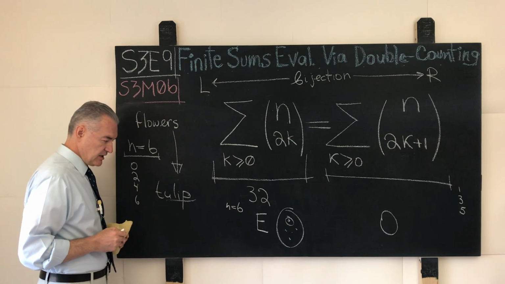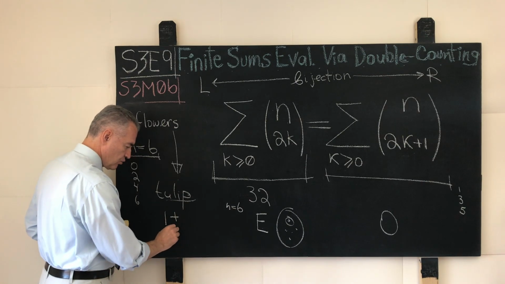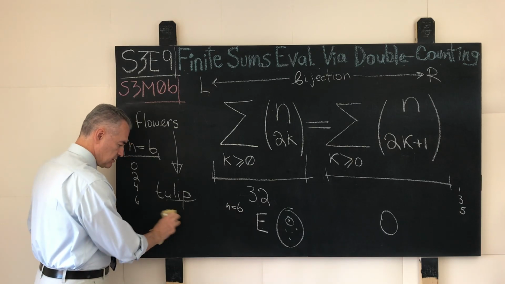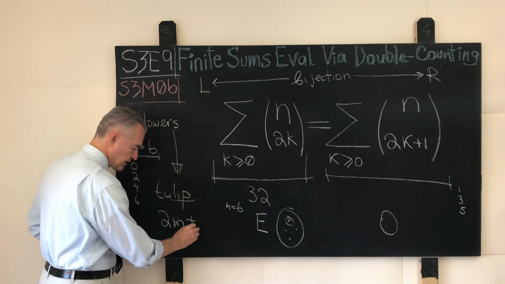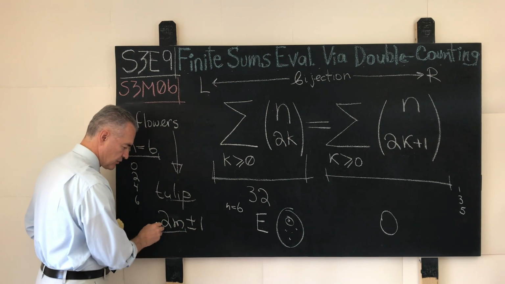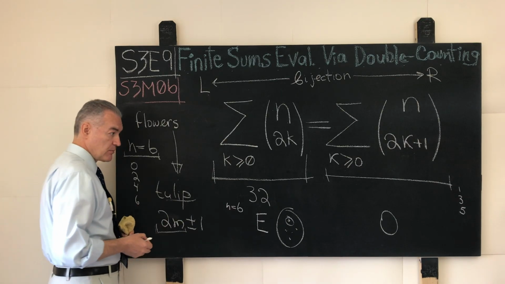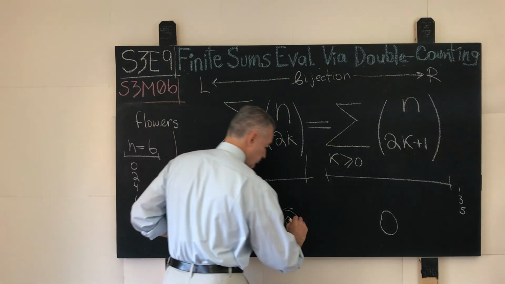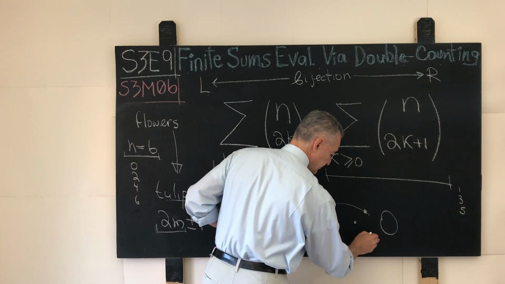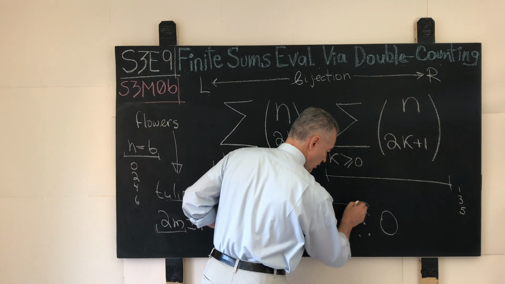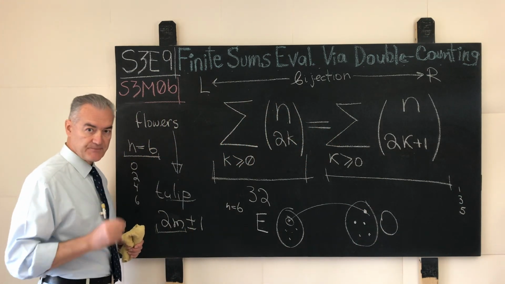And in this case, the fact that 1 is added to or subtracted from an even number of flowers, 2m plus or minus 1, makes the total number of flowers in this case what? Odd. And that automatically means that that bouquet will correspond to some element in the set of all the bouquets, each of which is made up from an odd number of flowers.